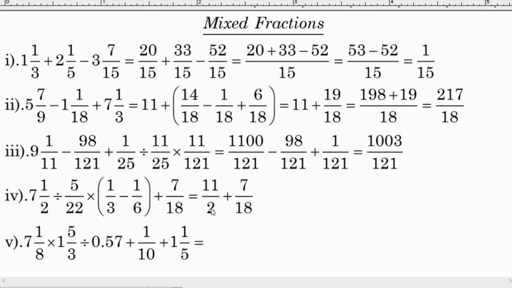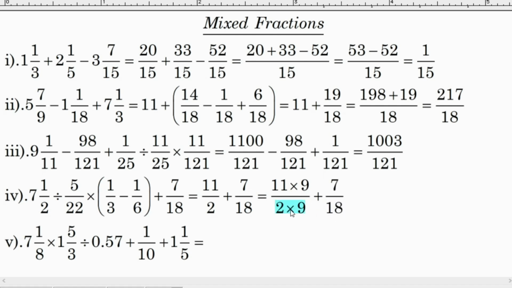Okay, so then what we have to do here, we have to find the same common denominator again. As we can see, we have 2 here and then 11 here. So 2 can multiply with 9 to equal 18, right? So we have to multiply 11 with 9 as well. And then plus 7 divided by 18.